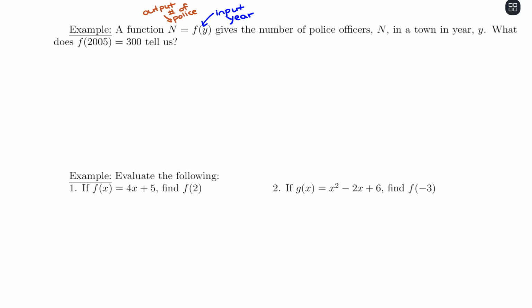So what does f of 2005 equals 300 tell us? So we have f of 2005 equals 300. In the structure of our function, what's inside of the parentheses is the year, and what's on the other side of the equation, that 300, is the number of police officers.